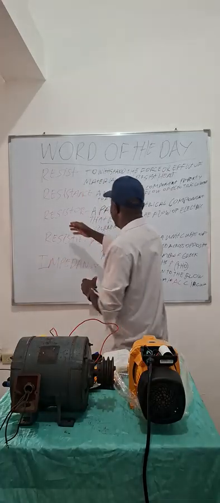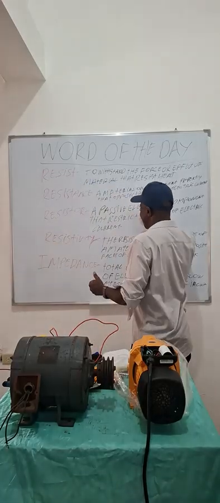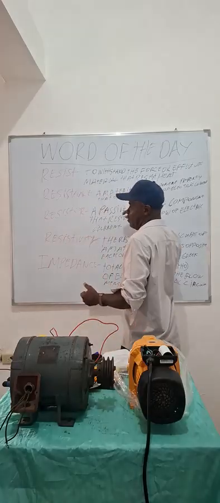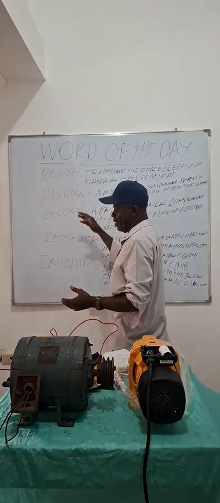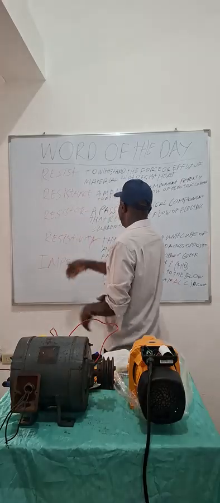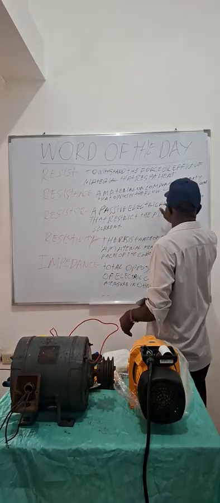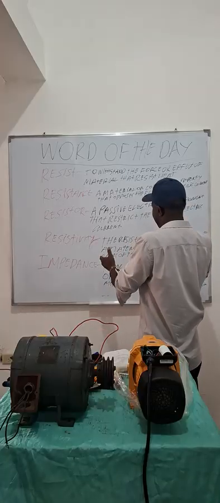So we have what here now, a resistor. And what is a resistor? This is the component that we use in electrical engineering, and a lot in electronics. There are different types of resistors, with different values. A resistor is a passive electrical component that restricts the flow of electric current.